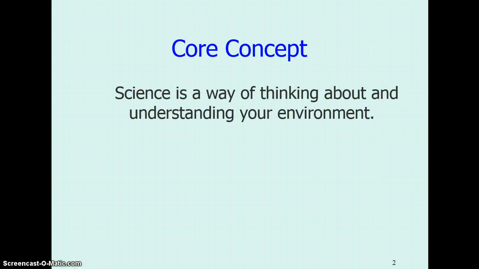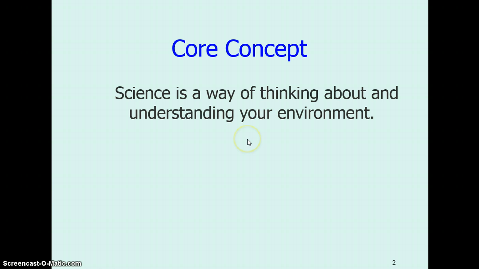So the first one is thinking about what science is. All science textbooks begin with some topic like this, where we're just talking and trying to find out what science is. And of course, just generally, it's a way of thinking about and understanding the universe around you.